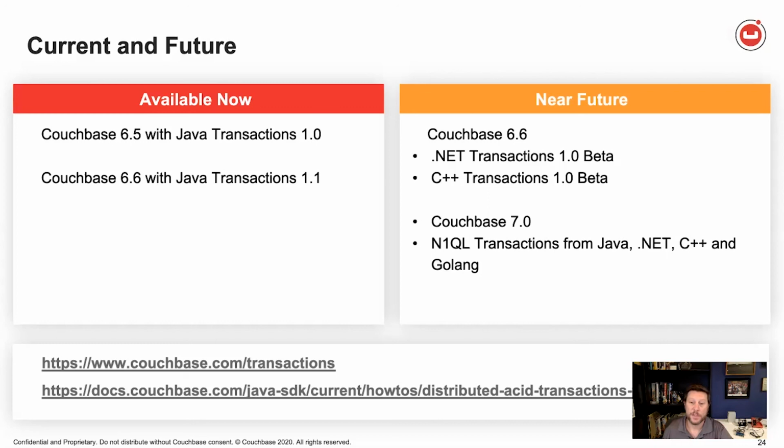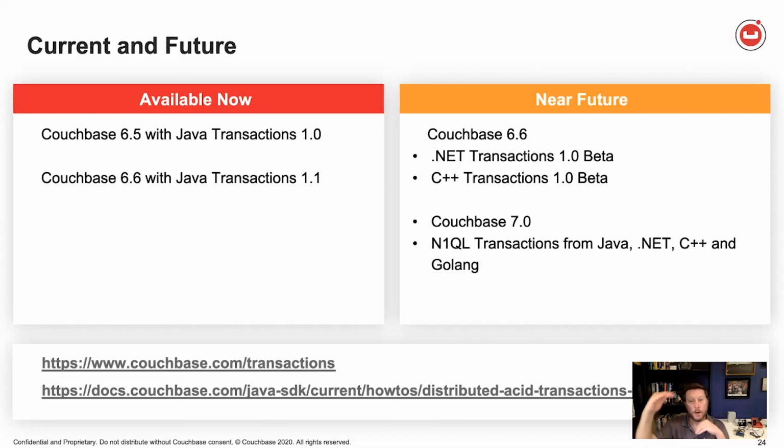Coming up in the not too distant future is Couchbase Server 7.0, and in that we're going to add support for N1QL transactions alongside the existing KV transactions, and that will be with Java, .NET, C++, and Golang. So the idea there is that then in that transaction context, you'll be able to have the full power of query.